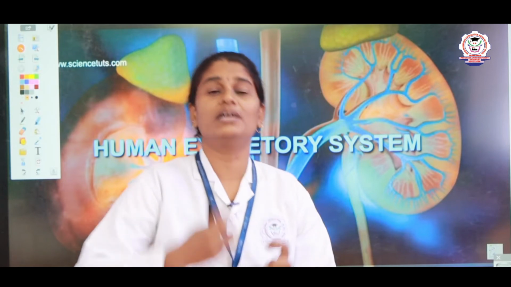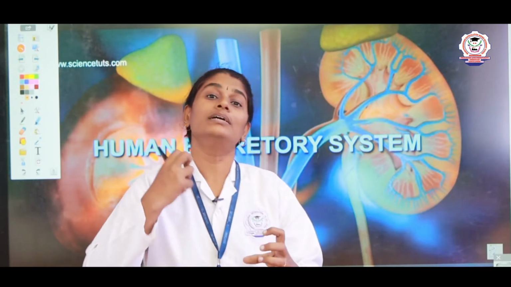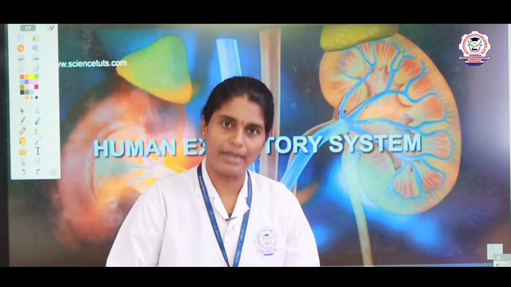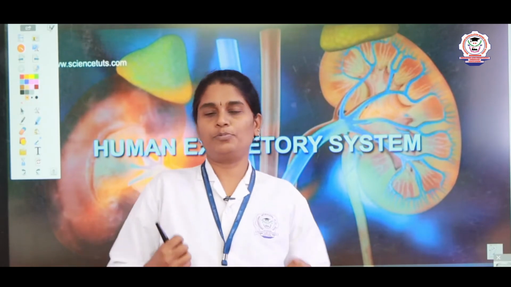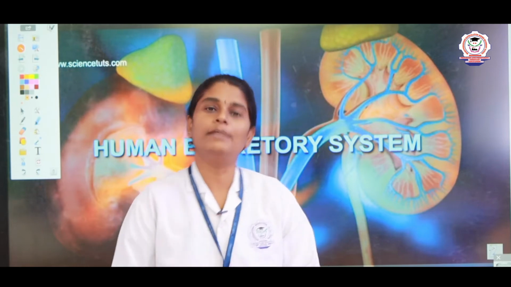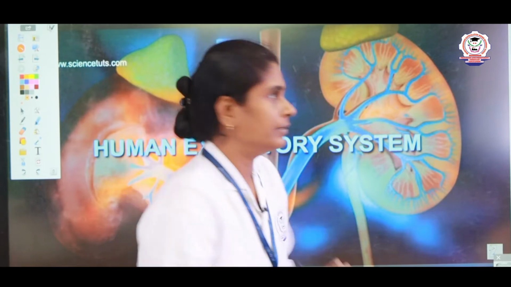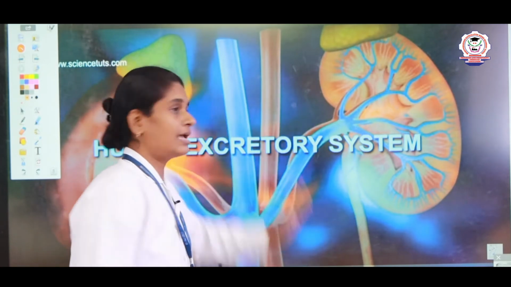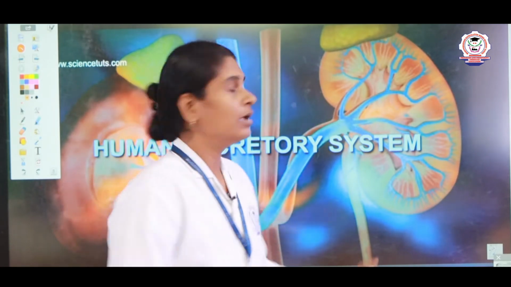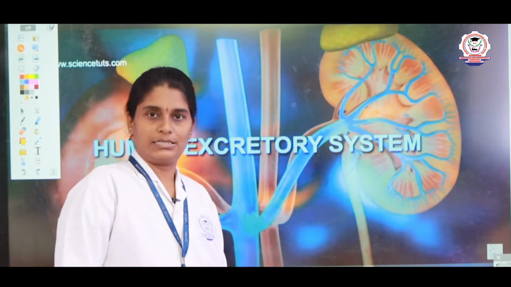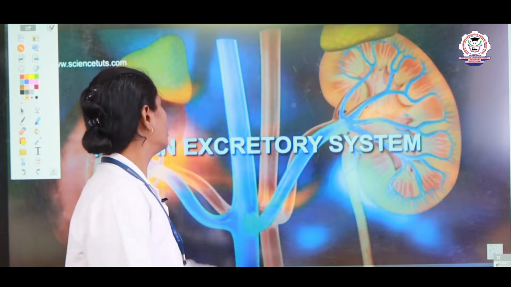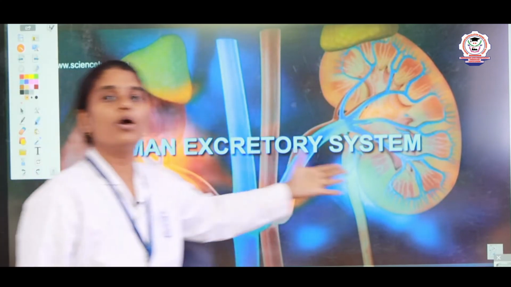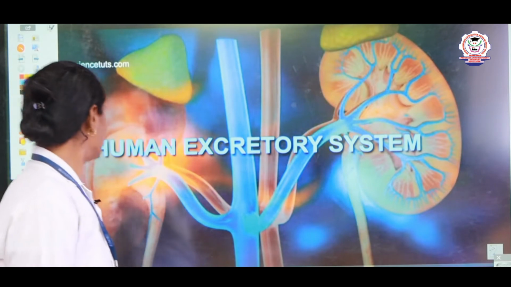The liver removes the waste products, or toxic products, from the blood, and they are eliminated from our body. And the last one, which is very, very important and acts as the main excretory organ, is known as the kidneys.